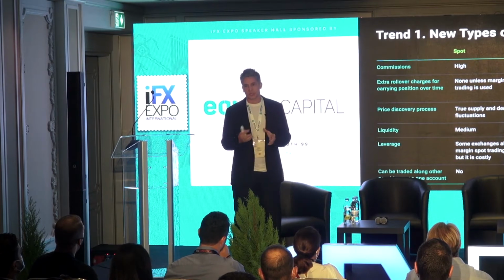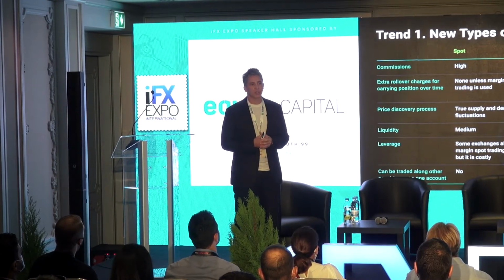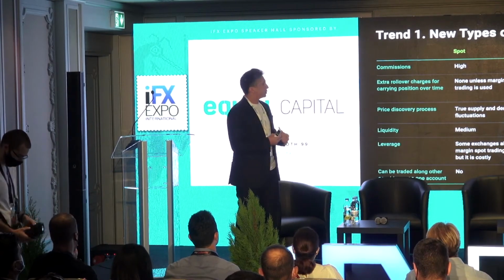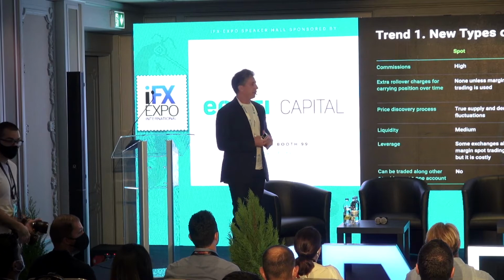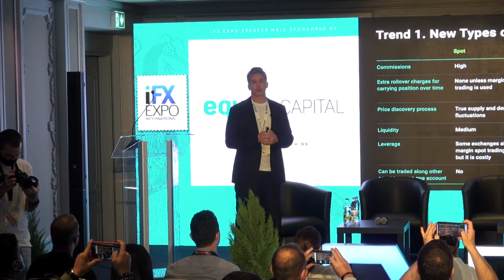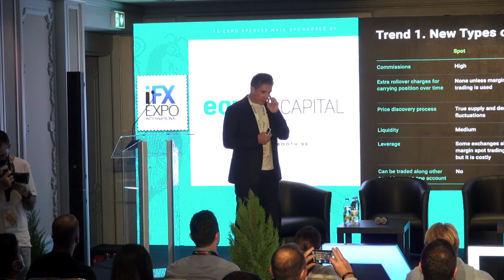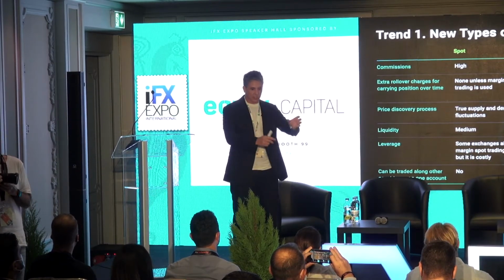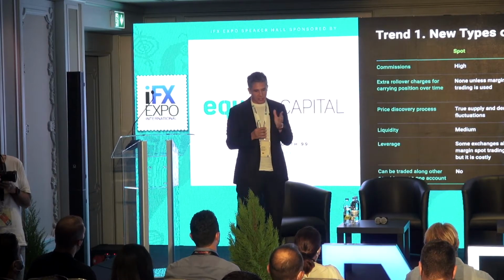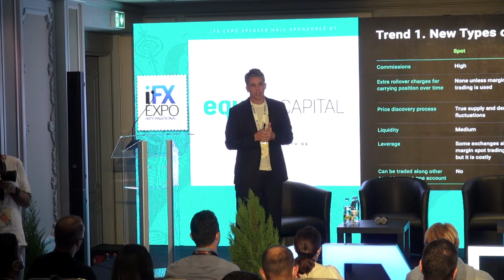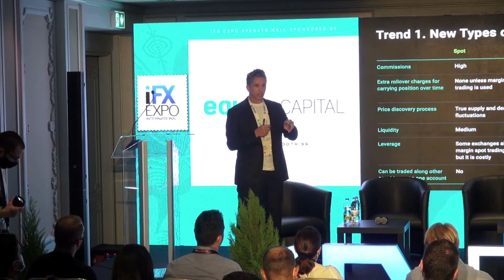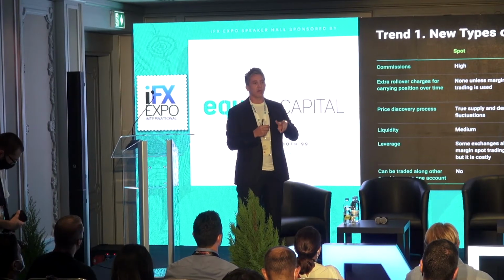Everybody knows about CFD, no need to explain here what are the advantages and disadvantages for the brokers and traders. Everybody knows about spot on the crypto, and the new trend is perpetual futures. The major difference between CFD and perpetual futures is that on perpetual futures there are two types of margins.